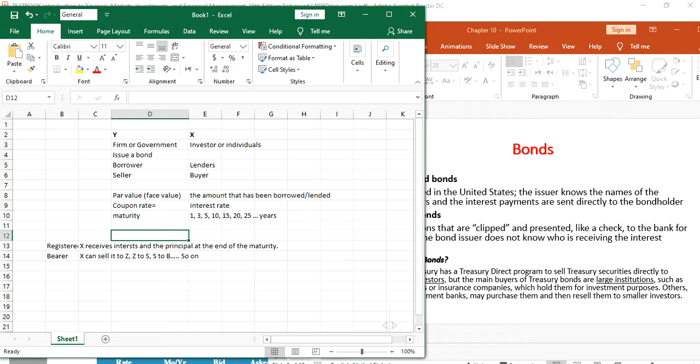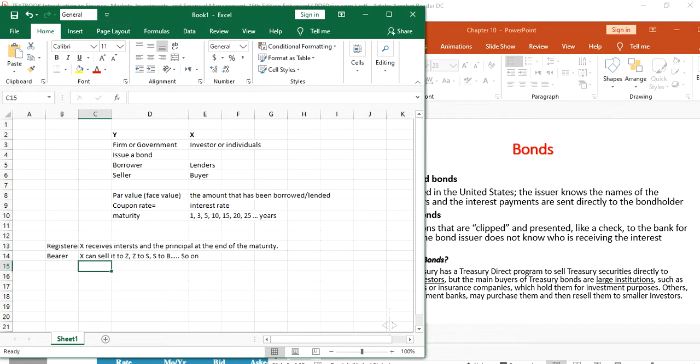So the lender in this bond never knows who is receiving the interest or who is receiving the principal at the end of the day. Who holds the bond certificate? He is the bond owner.